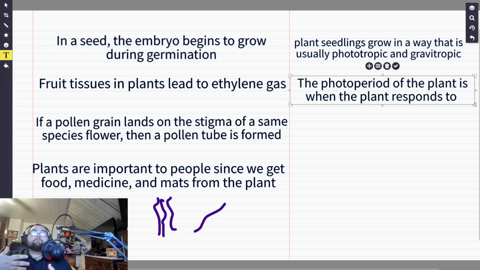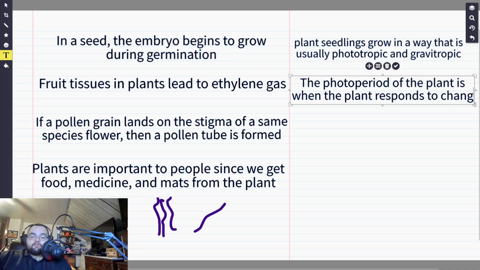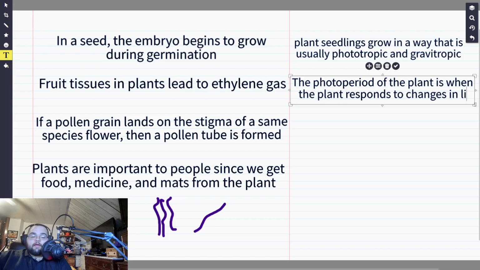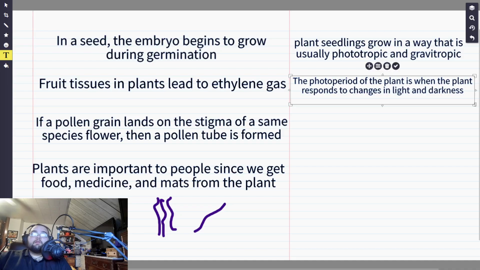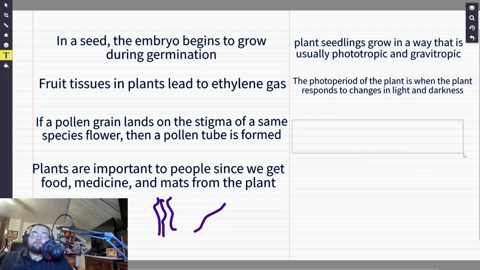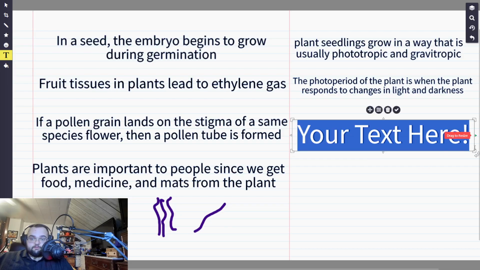So it responds to changes in light and darkness. Okay? The photo period takes place during the night and during the day. It changes in between because there's times in which it is dark and there's times in which it is light. Hopefully that makes sense.